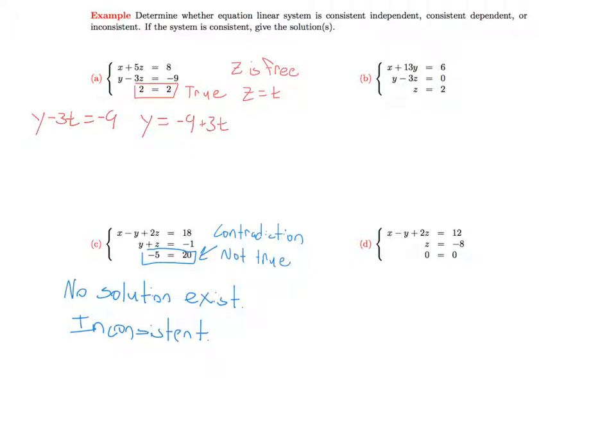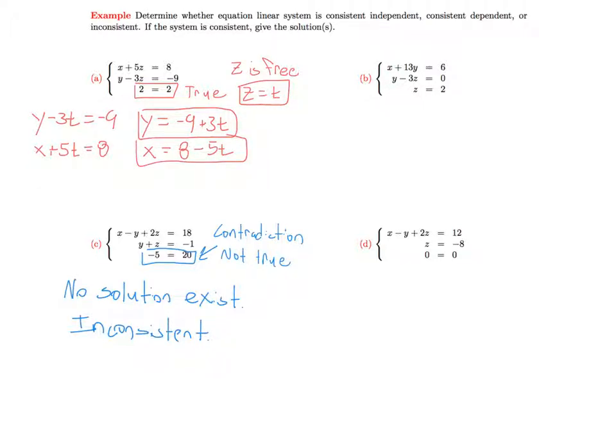Namely, y is going to be minus 9 plus 3t. And similarly, plugging these conditions into the first equation in system A would give me that x plus 5, and now replace z with t, is equal to 8. And so this tells me that x is equal to 8 minus 5t.